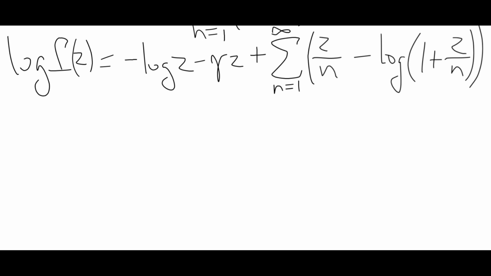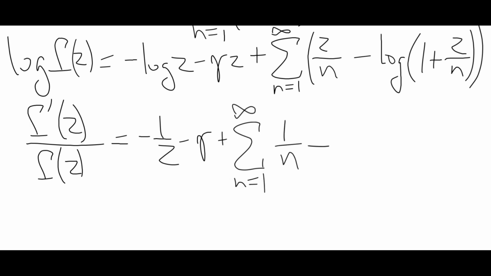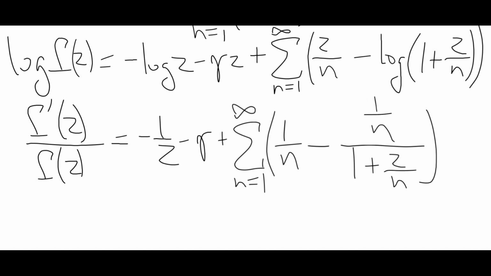Okay, now we differentiate, and we get gamma prime over gamma equals minus 1 over z minus gamma plus the sum of 1 over n, and then the derivative of log 1 plus z over n is, well, I have 1 plus z over n in the denominator, and then the chain rule gives me 1 over n.